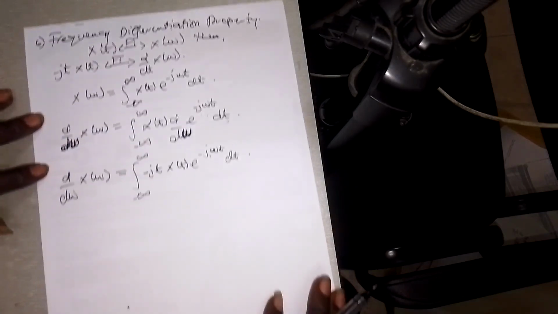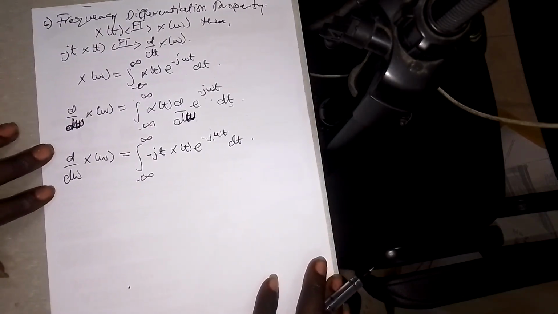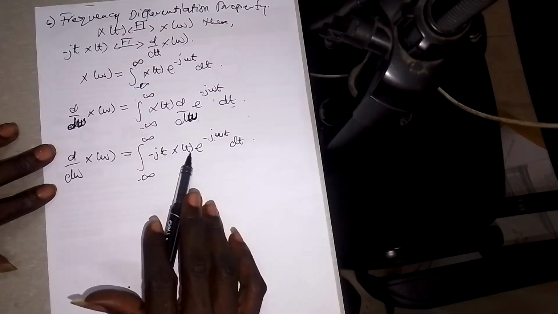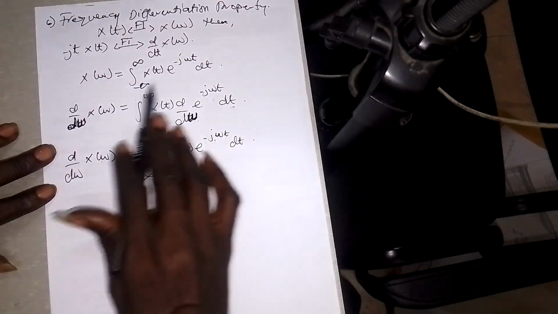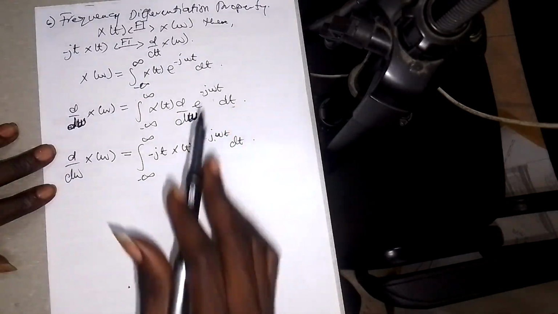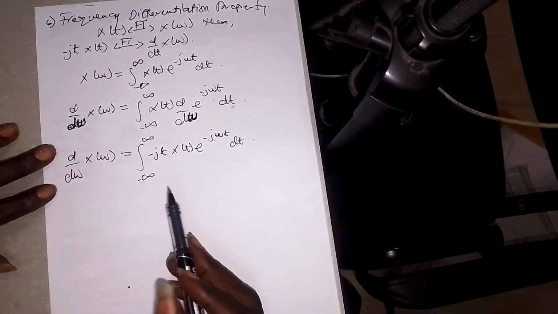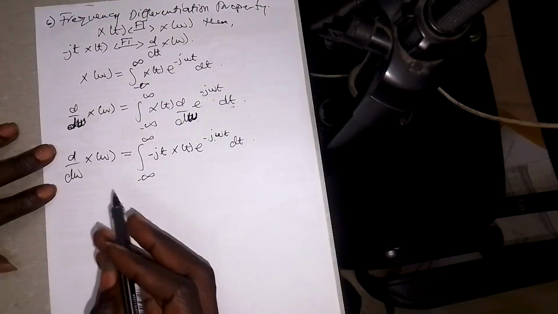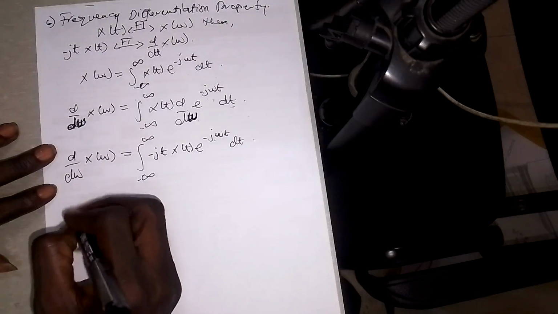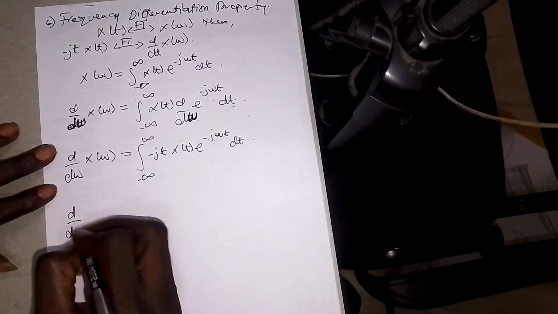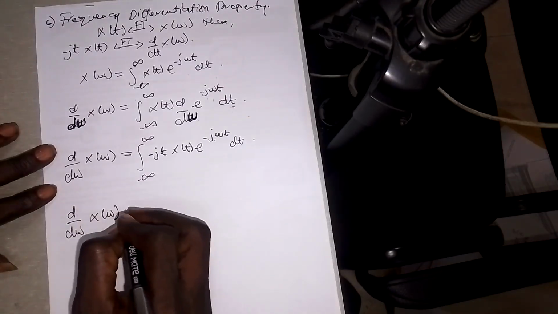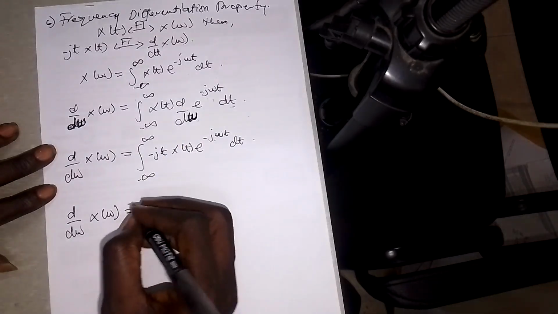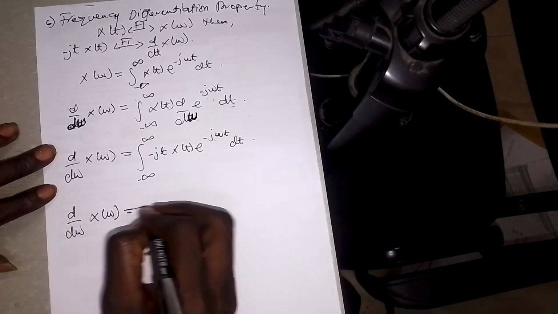Now what you can see if you look at this one is that if you take away this minus jt, all the terms you have here are equal to this X(omega). So now what I can do is, d/d omega of X(omega) is actually equal to, or is, the Fourier transform.